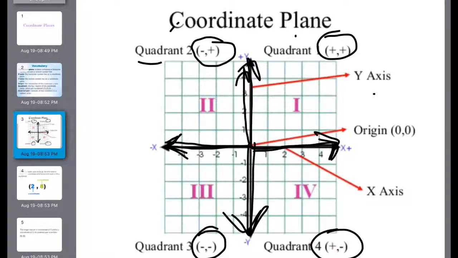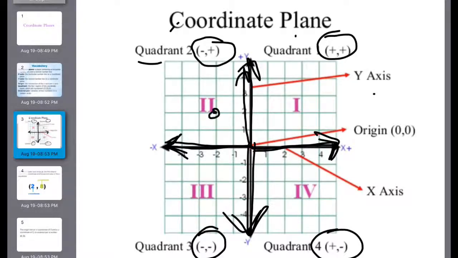It's hard sometimes to find somewhere when it's out in the middle of the ocean and there are no streets or roads to help us identify that location. That's why we have longitude and latitude. Coordinate planes are the same thing. They're used to help us identify a specific location.